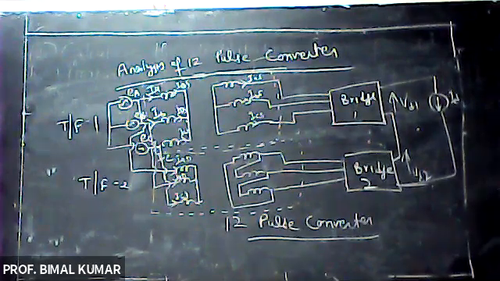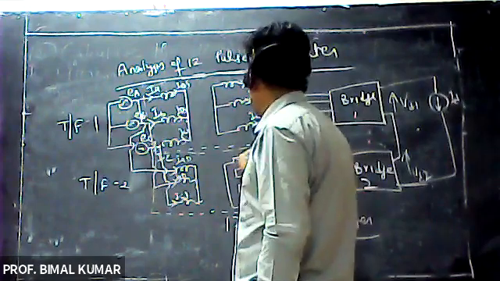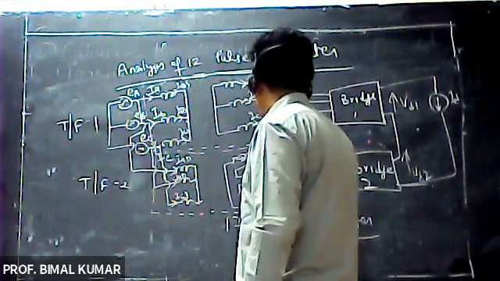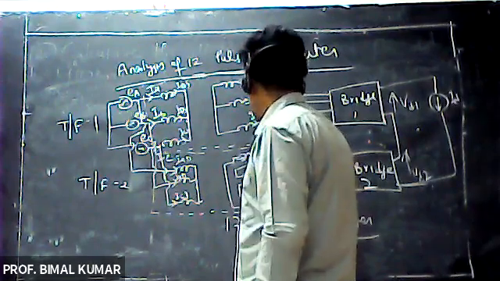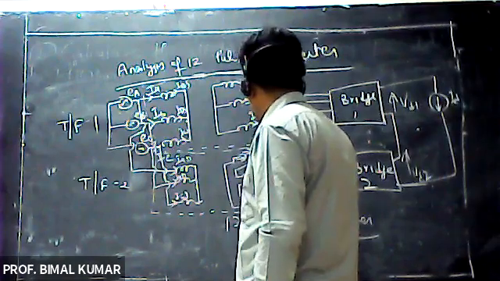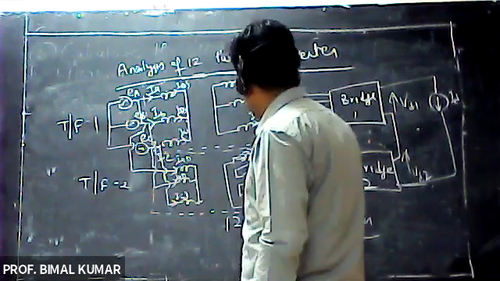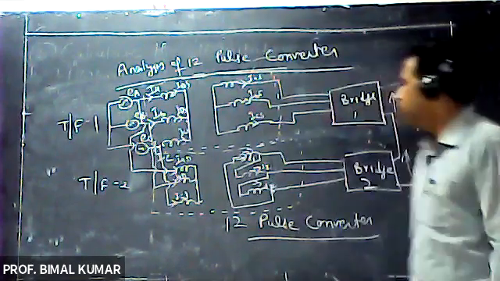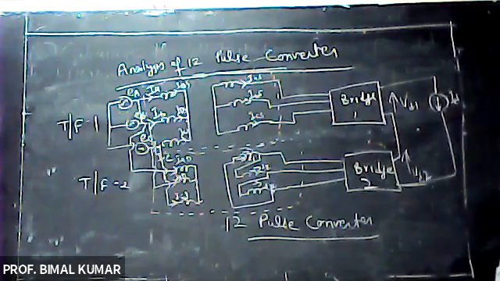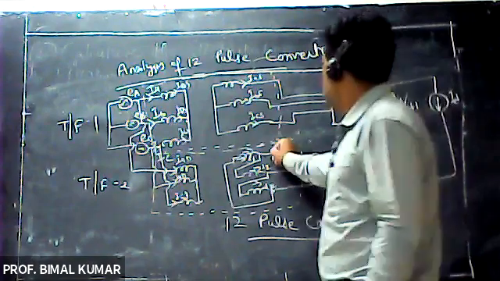Now see here, I am assuming this is your current I1, here it will be I2 and here I3. These are the currents in windings 1, 2 and 3 of the star delta type connection.